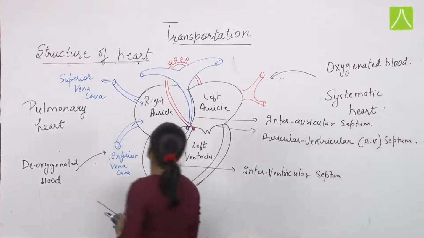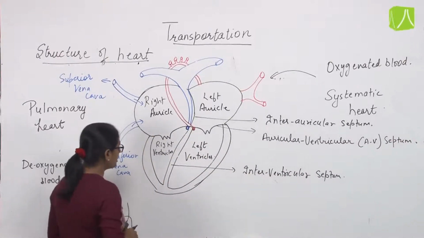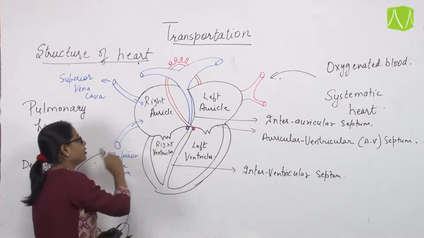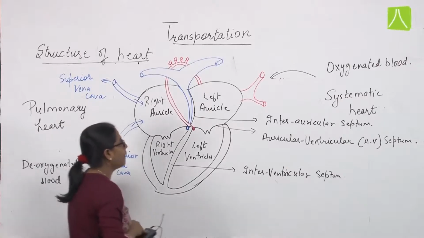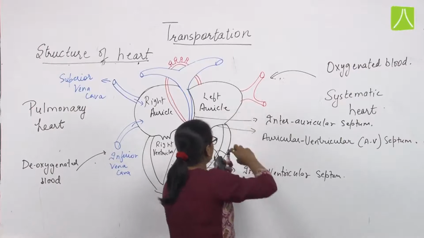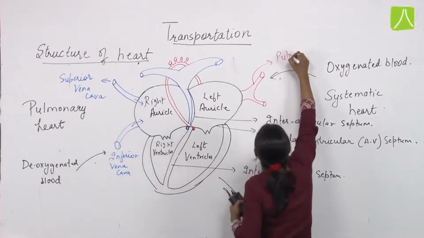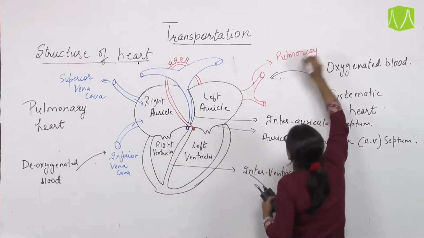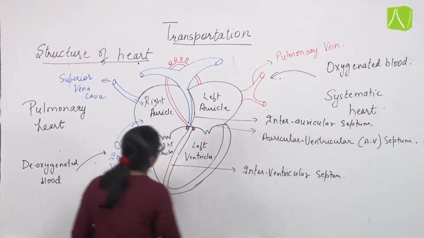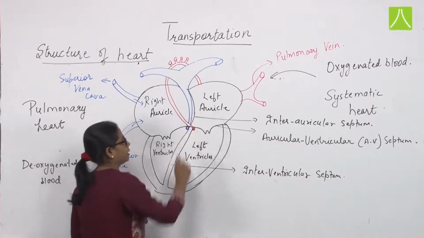AV septum. Now, we can easily observe that on the right side of the heart, the two veins transfer the deoxygenated blood to the right auricle, but in the left auricle, what we are observing is this pulmonary vein, which carries oxygenated blood from the lungs to the left auricle.